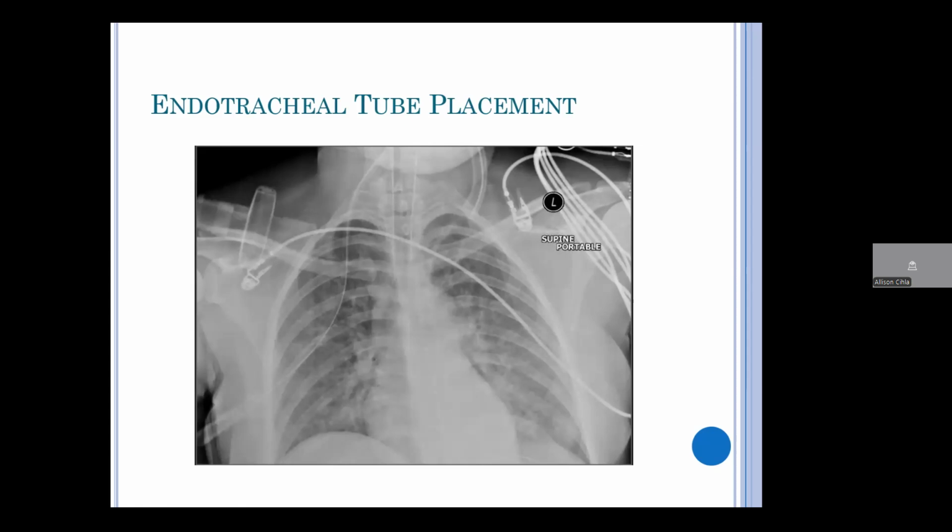This patient has an endotracheal tube. These two radiolucent lines right here come down and it terminates right here. You can see just below that is the carina. So this is actually a very good placement on this ET tube. You don't want it to be any further down. So it sits right above the carina.